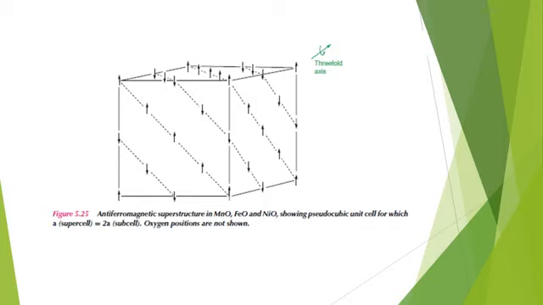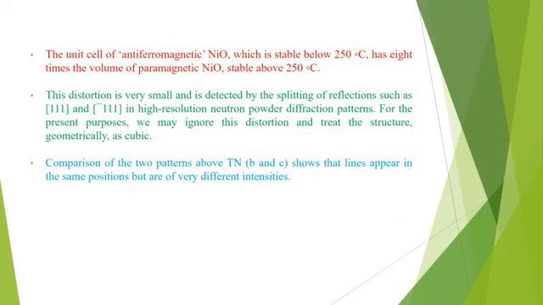Oxygen positions are not shown in this figure. The unit cell of antiferromagnetic nickel oxide, which is stable below 250 degrees centigrade, has 8 times the volume of the paramagnetic nickel oxide, which is stable above 250 degrees centigrade.